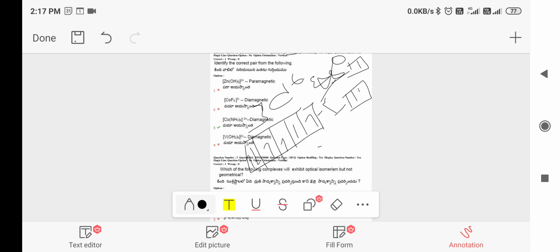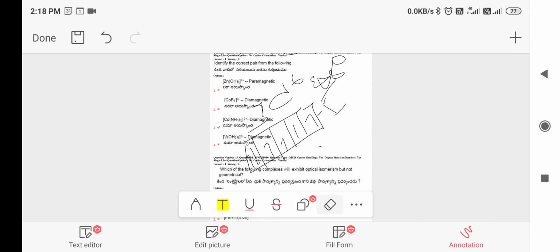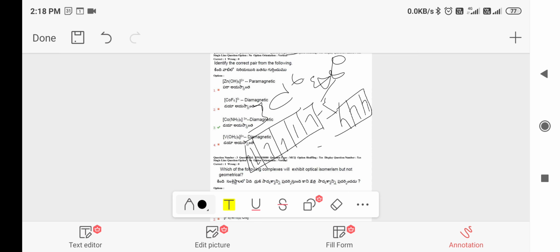Three electrons are in the t2g state, and 2 electrons are in the eg level, then the remaining electron comes to the t2g level.